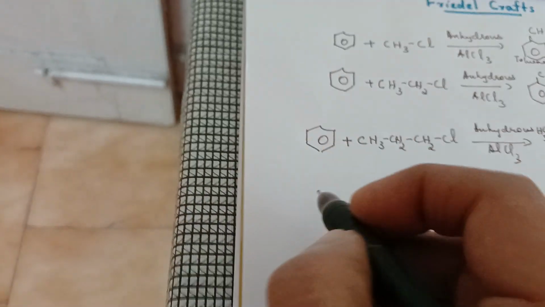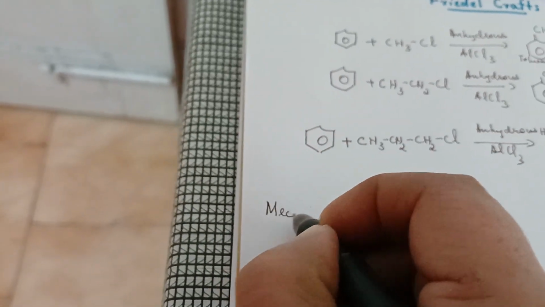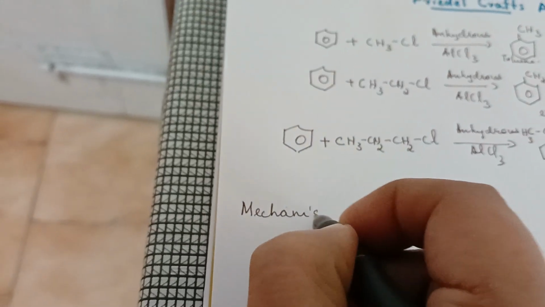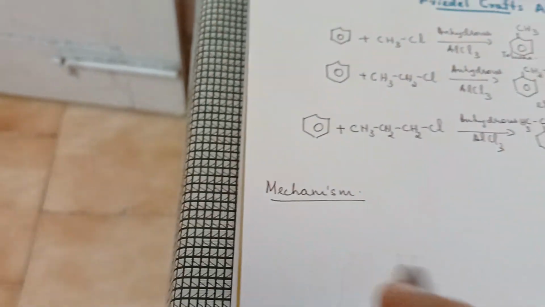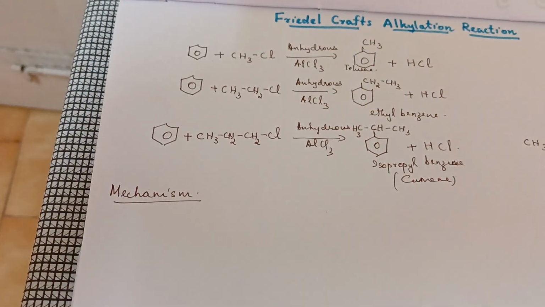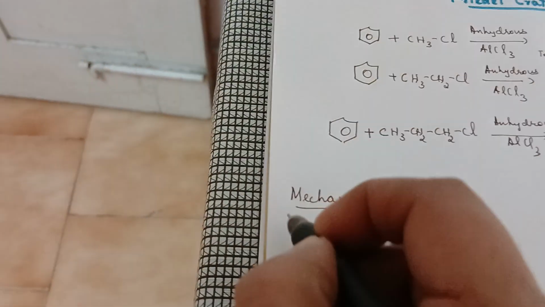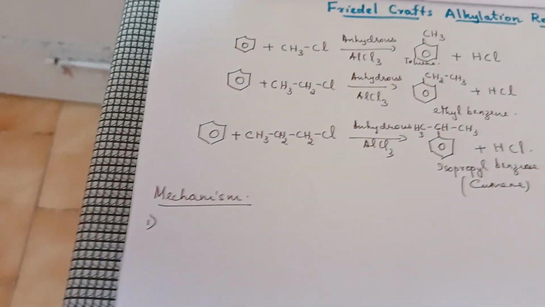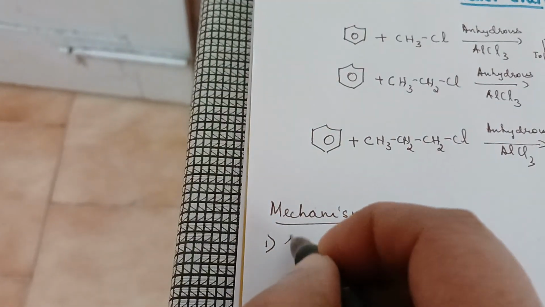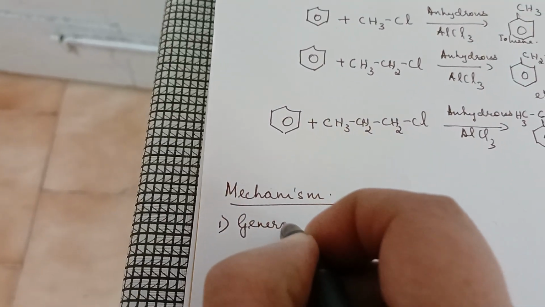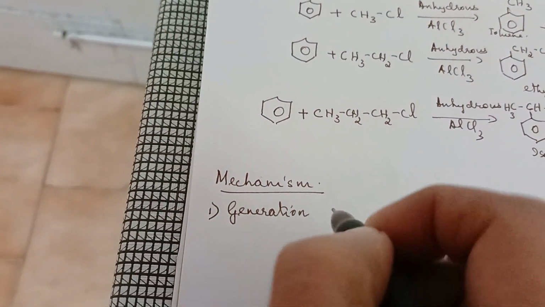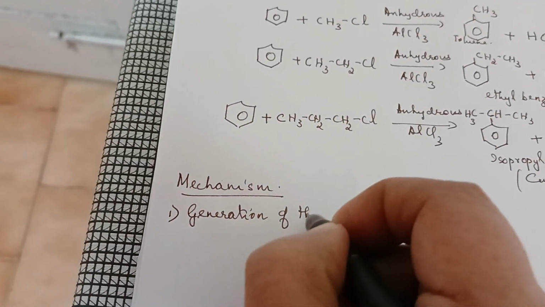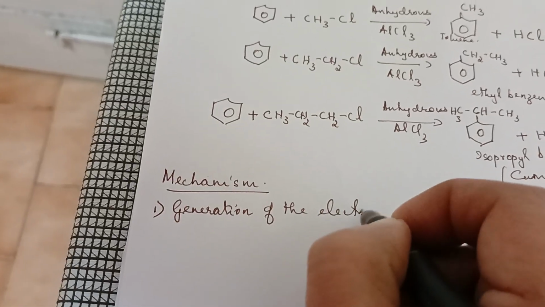So let us see the mechanism. The mechanism can be explained in 3 steps. The first one is the generation of an electrophile, or making of the electrophile.